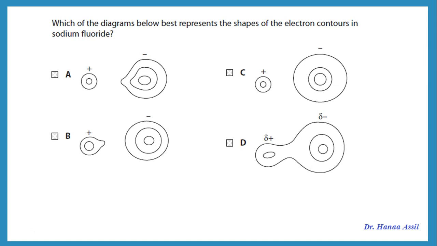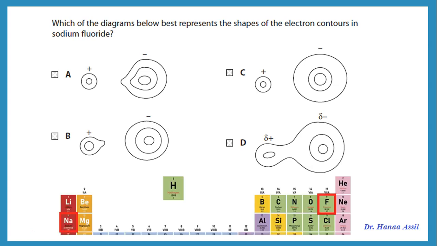So which of these indicates purely ionic? Remember, if they are almost the same size with small charge, so Na plus F minus, the F is not a big ion like iodide, so it is less likely to be polarized, so that would be the electron density map.